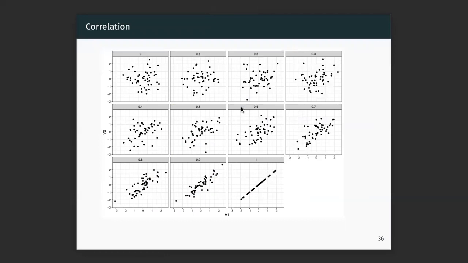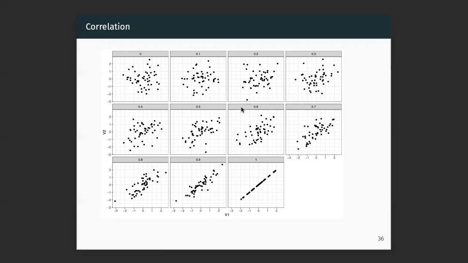A correlation of 0 looks like this. These are data I simulated using two correlated variables, and in this case, the correlation between those two variables is 0. Knowing information about x tells me absolutely nothing about y.